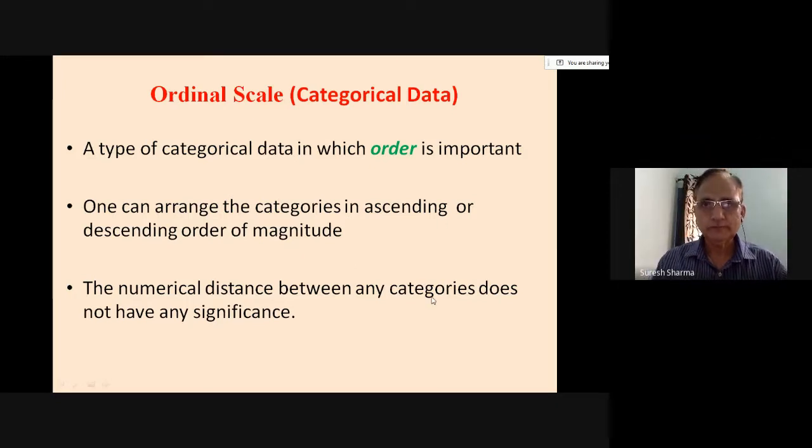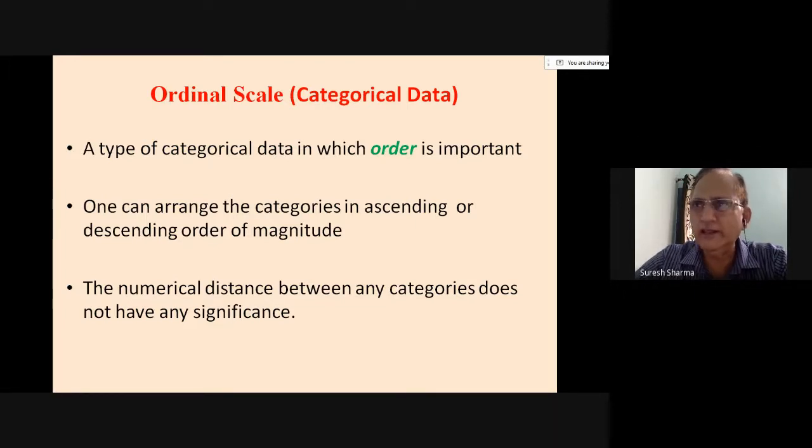But either you are dealing with the nominal scale or you are dealing with the ordinal scale, numerical distance between any two categories does not have any significance at all. For example, let's say I'm writing male as 1, female as 2, and subtract 2 minus 1.